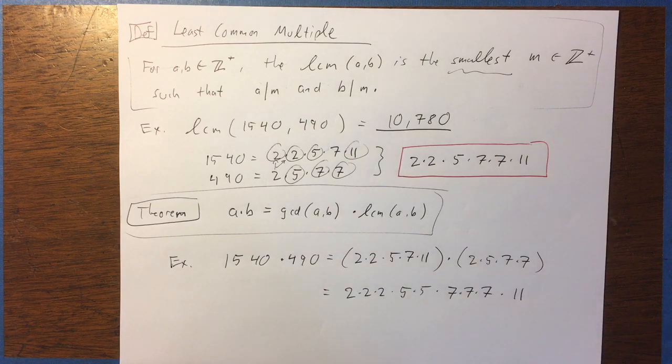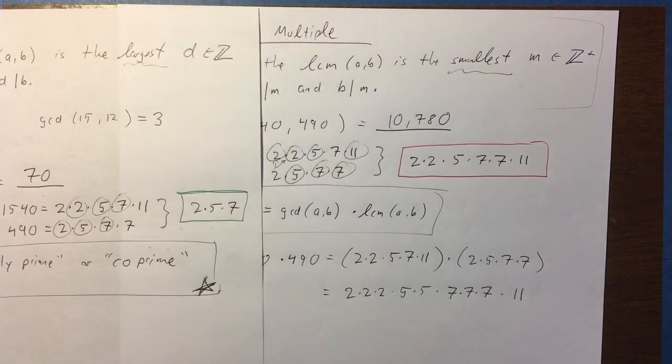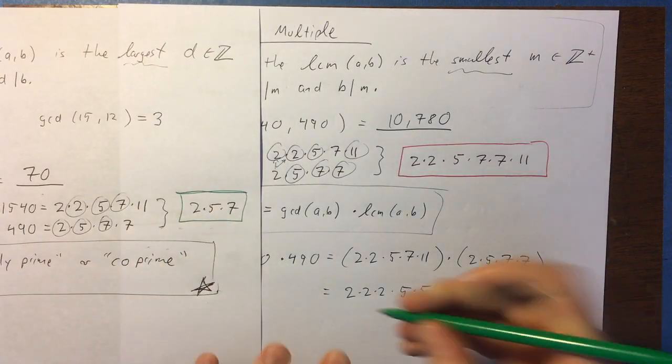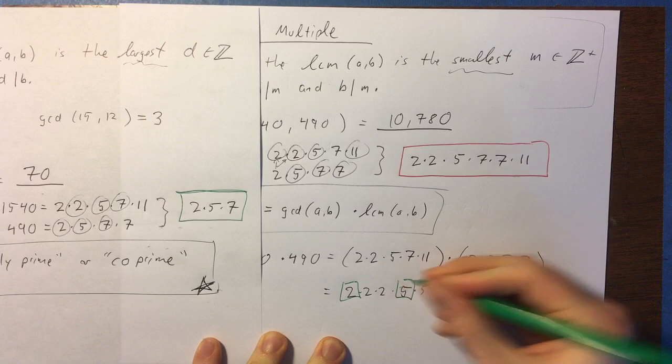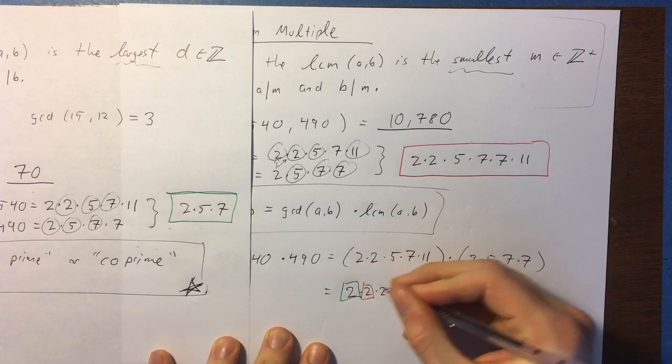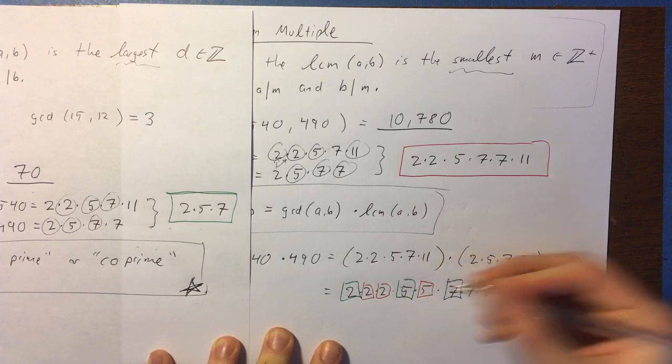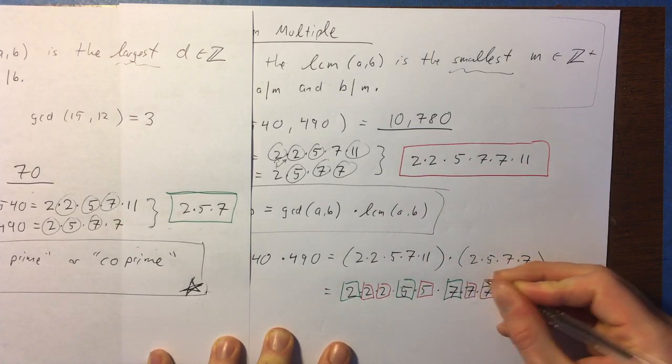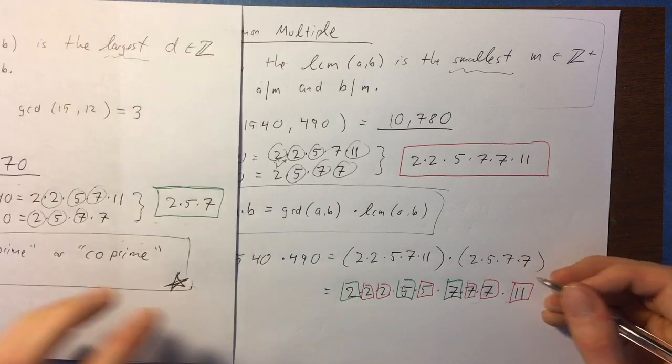Looking through here, remember our green box was 2 times 5 times 7, so that's a 2, a 5, and a 7. And then remember our red box, that was two 2's, one 5, two 7's, and one 11.